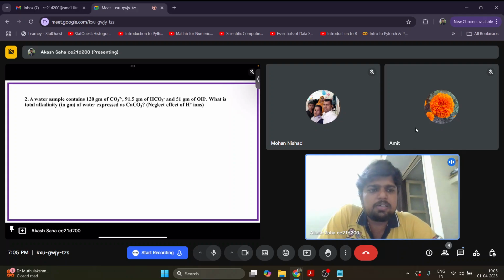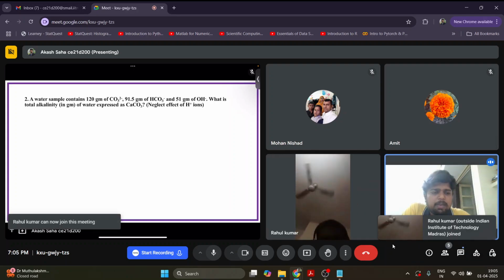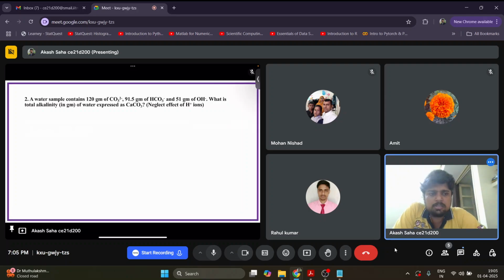So how do we convert it? Any idea? Any idea how we multiply with the molecular weight of CaCO3? Is it the only thing? Does multiplying with molecular weight give us the concentration in terms of CaCO3?